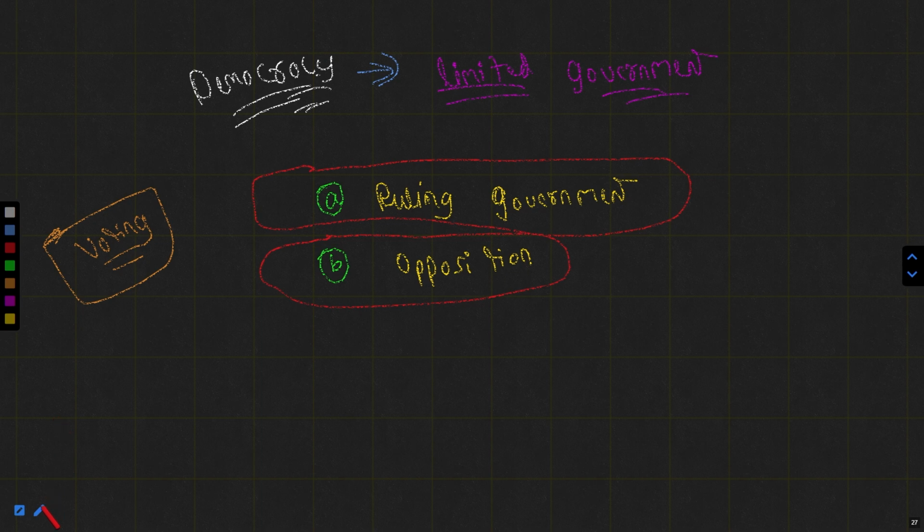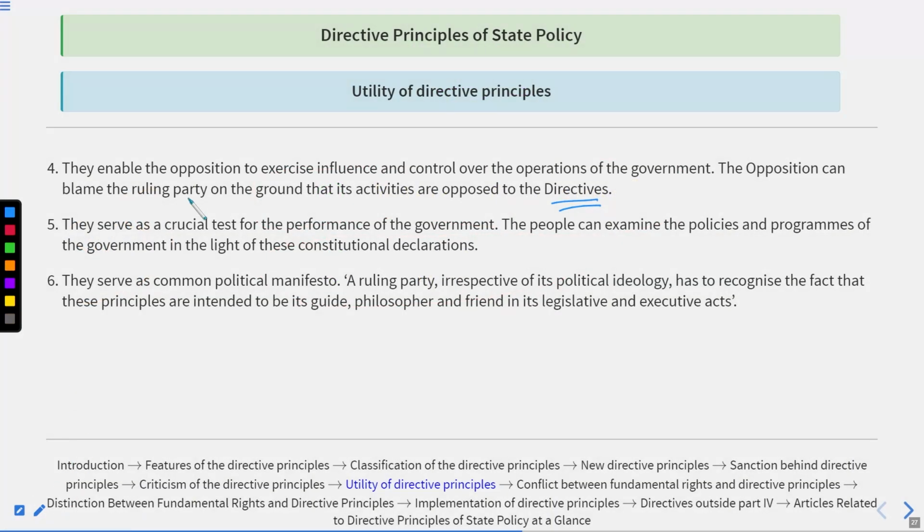All right. So basically, the directive principles are useful for the opposition so that they can exercise their influence and control over the operations of the government. How? The opposition could blame the ruling party that whatever activities the ruling party is doing are against the directives. Why? Because, as we have discussed, these directives have the welfare approach, all right, and basically have two things.